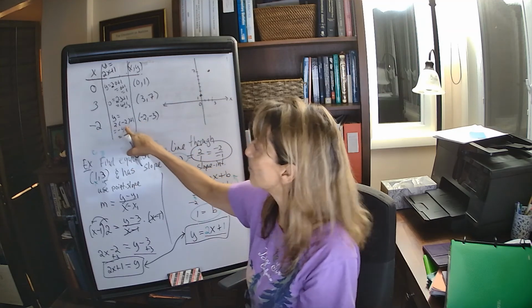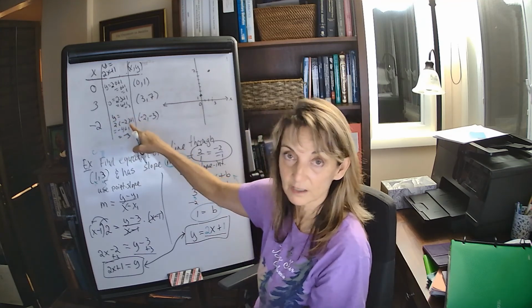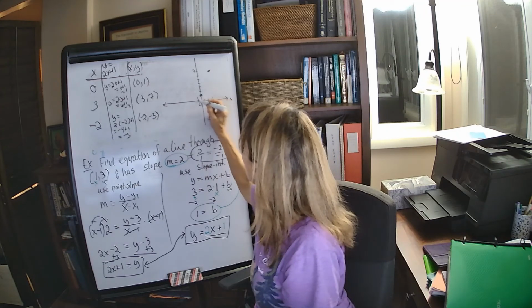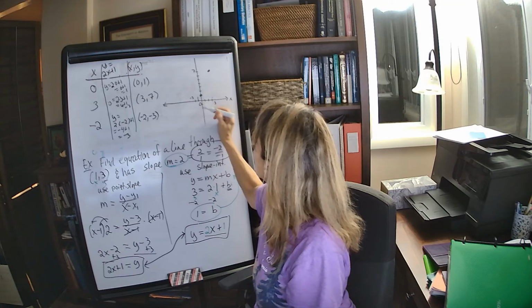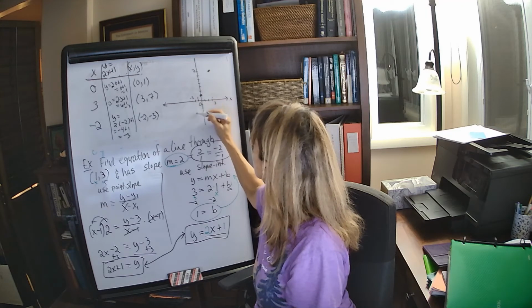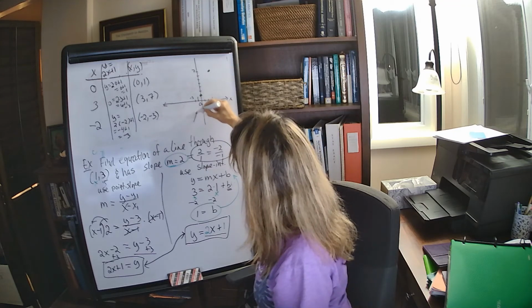That's why we say y is dependent, x is independent. We pick the x, we calculate the y, and we create an ordered pair. So this one's over here at -2 and -3.